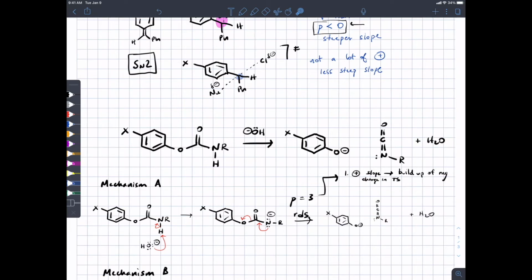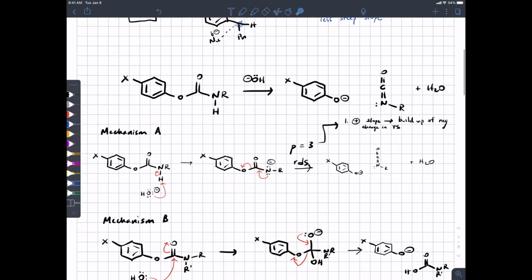If rho is positive, that means the transition state has similar features to the benzoic acid deprotonation transition state. That is, there's partial negative charge in the transition state. If rho is negative, that means there's positive charge in the transition state. It's inconvenient because it's backwards.